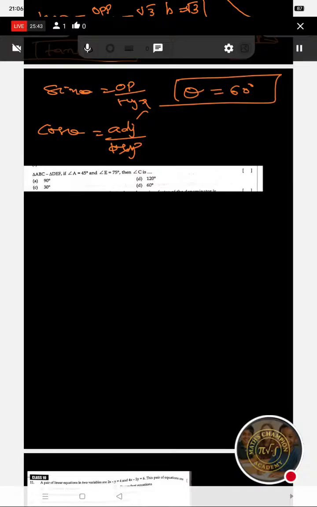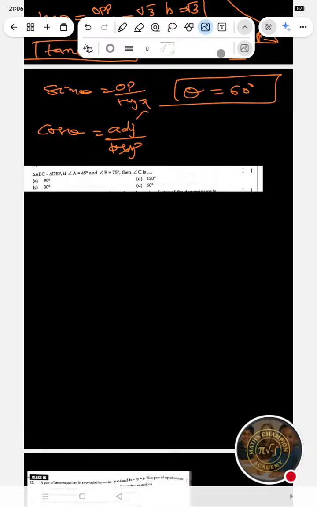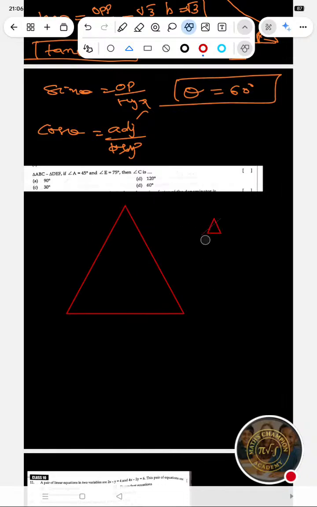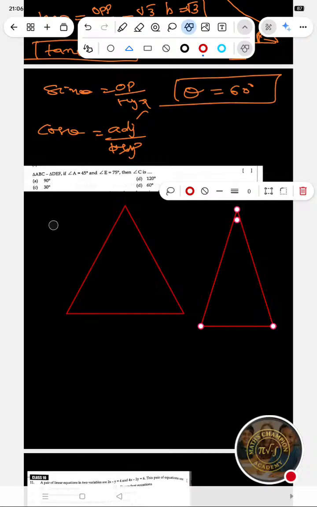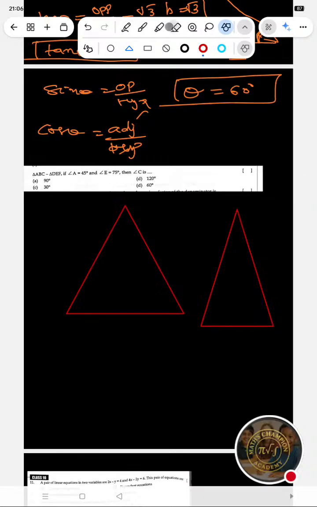Here it is a similar triangle question actually. If you take triangle ABC and triangle DEF, this is a similar triangle. Here angle A is given as 45 degrees.